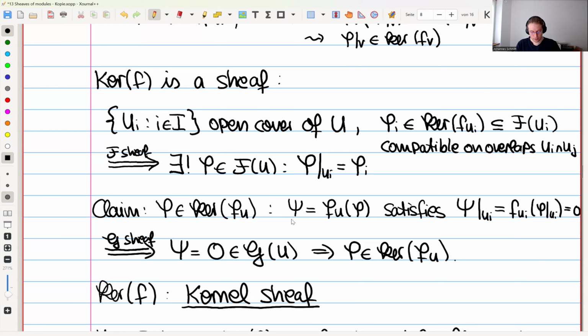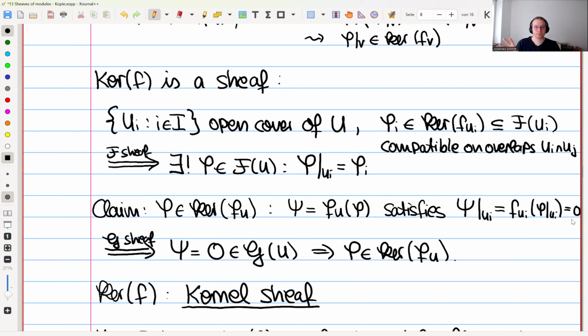So what do we know about this psi? Well, we know it satisfies that on the open subsets of the cover, on the U_i, it is given by, again using that restriction commutes with the map, first restricting phi to U_i and then applying the map. But this phi_i was in the kernel sheaf, and so this is 0.